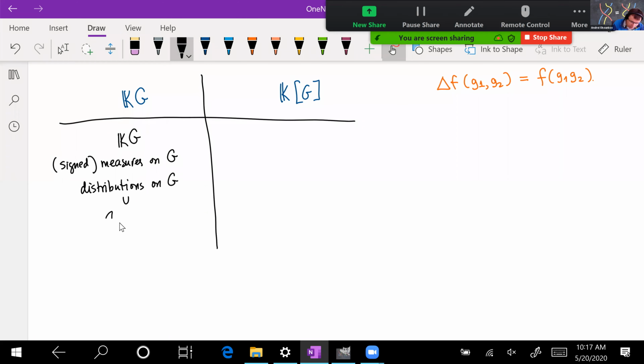That is the same as the universal enveloping algebra of the Lie algebra of G. As an algebra, you know what it is, but as a coalgebra, the coproduct of an element xi is xi tensor 1 plus 1 tensor xi, which is just the Leibniz rule. We know G goes to G tensor G, and if you think G is 1 plus something infinitesimal, then by the Leibniz rule we get this rule.